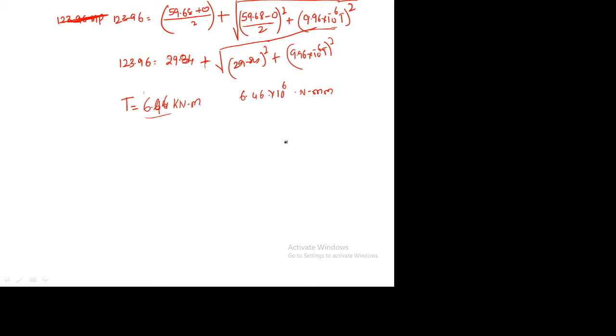How will you solve? Squaring on both sides. Now let us go for the solution here. So 123.96 minus 29.84. On this side you have a square, right?